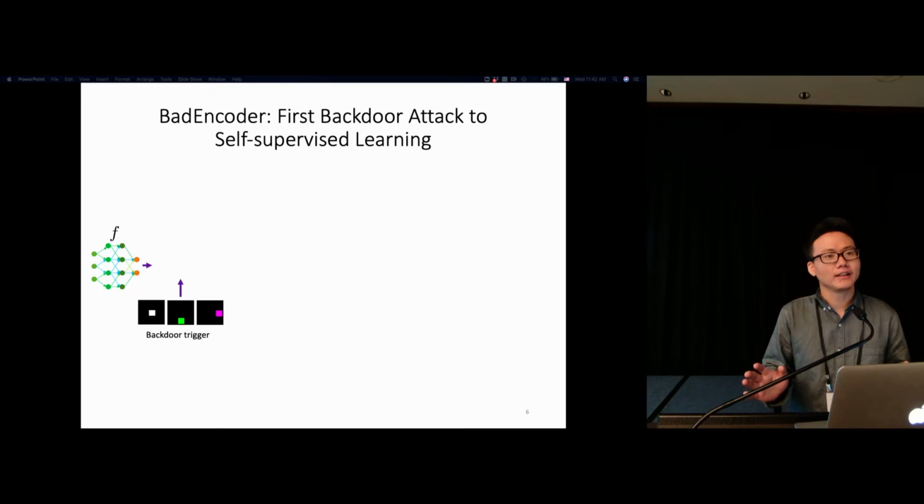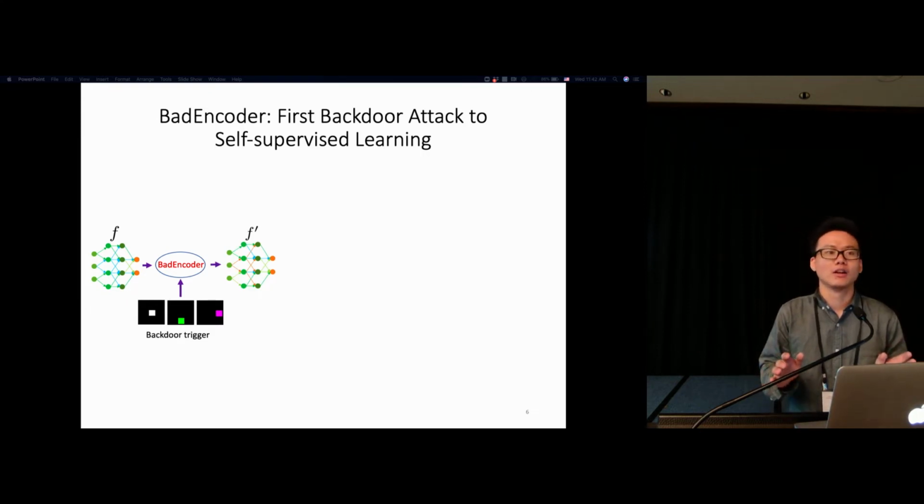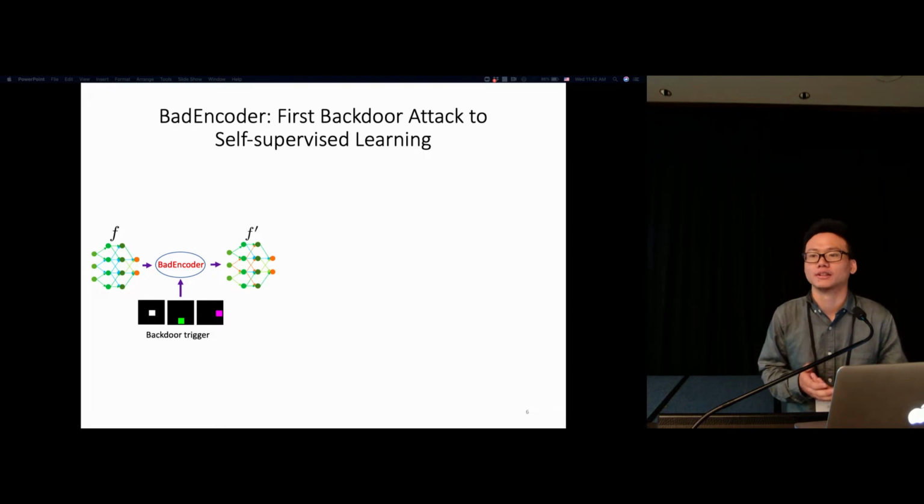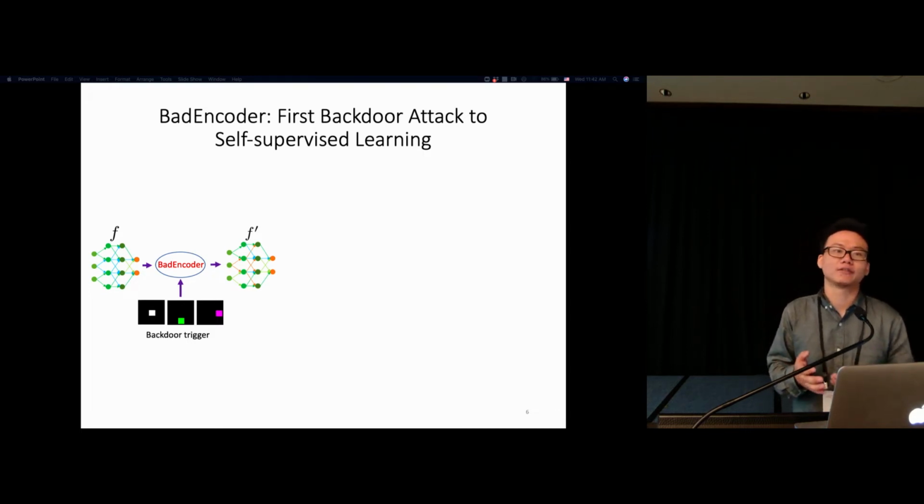Given backdoor triggers and a clean image encoder as input, our BadEncoder outputs an image encoder with backdoor behaviors. We call it a backdoor image encoder. When the backdoor image encoder is used to build classifiers for many downstream tasks, these classifiers simultaneously inherit backdoor behaviors.